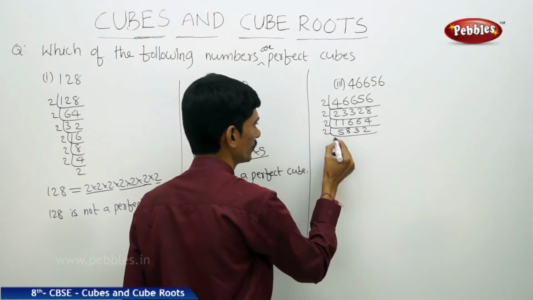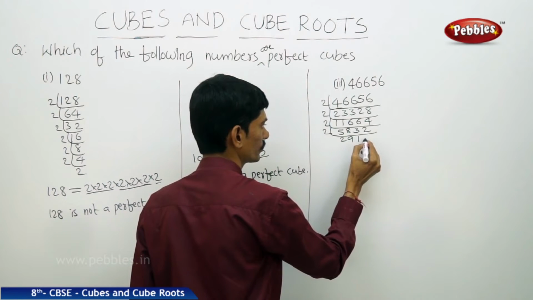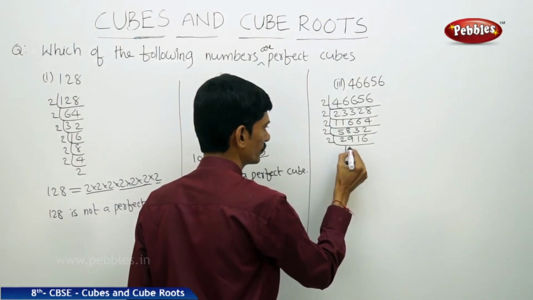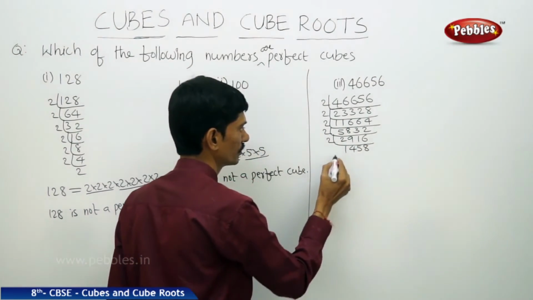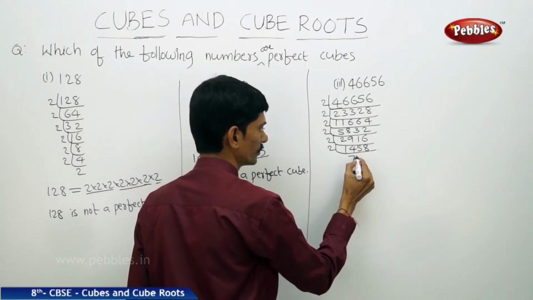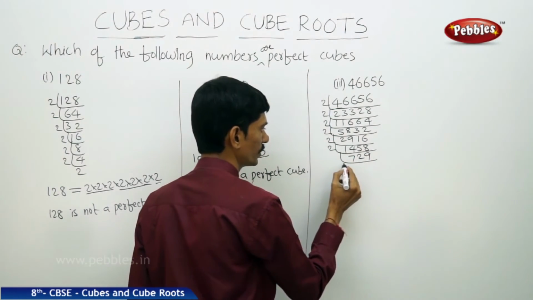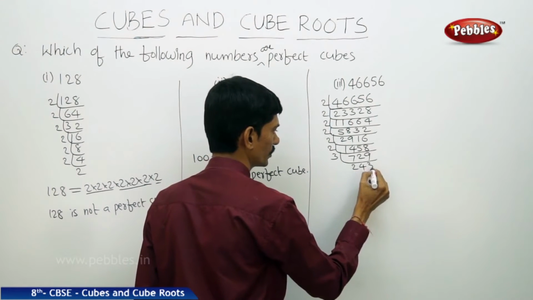Again, 2 2s are 4, 2 9s are 18, 2 1s are 2, 2 6s are 12. Then 2 1s are 2, 2 4s are 8, 2 5s are 10, 2 8s are 16. Then 2 7s are 14, 2 2s are 4, 2 9s are 18. Now it is divisible by 3. 3 2s are 6, 3 4s are 12, 3 3s are 9.